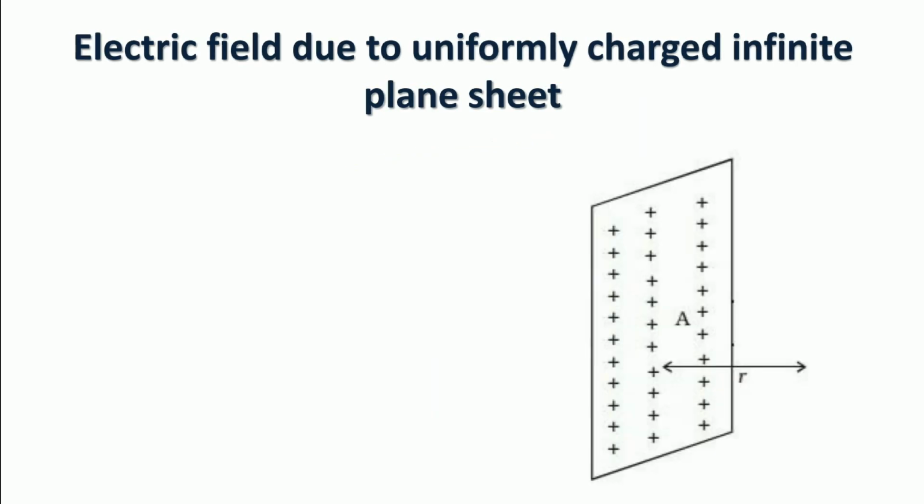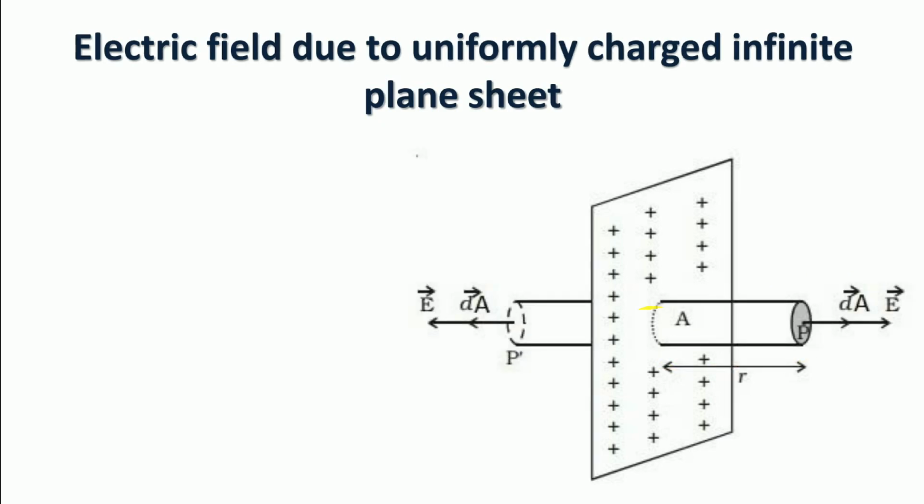So moving ahead with some more applications here. Electric field due to a uniformly charged infinite plane sheet. Let us consider an infinite plane sheet on which the charge plus q is uniformly distributed. We need to find out the electric field at a distance r from the sheet. So what we need to do? We need to assume a Gaussian surface which encloses these charges like this.